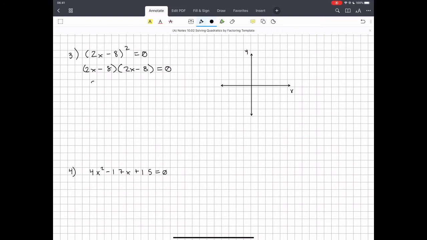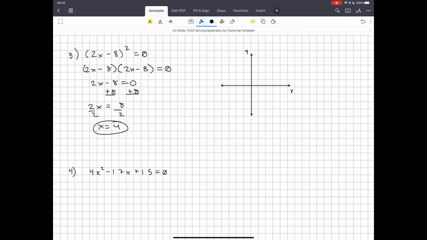So I really only have to do this once to determine what that x value must be. And then I solve this equation, and I've got an x-intercept of 4.